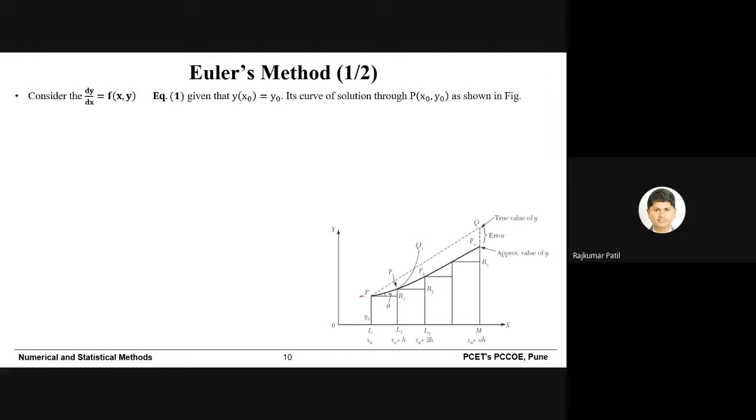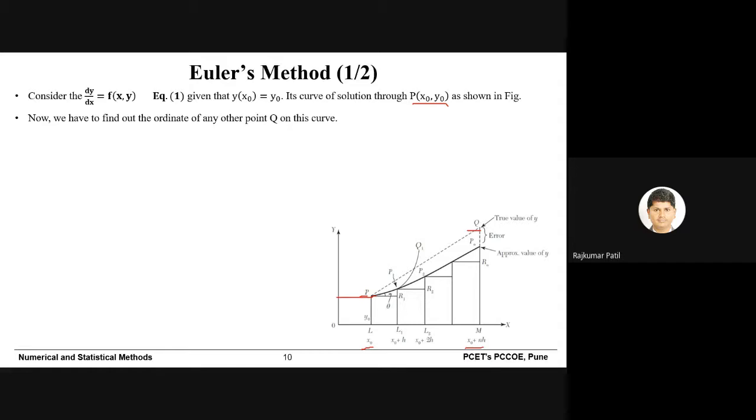P has coordinates x naught and y naught. So these are the coordinates of P of x naught y naught, and the dashed line PQ is the curve we can say for a given function f of x y, and we are interested in the ordinate of any point Q, for which the x coordinate is given, that is x naught plus nh.